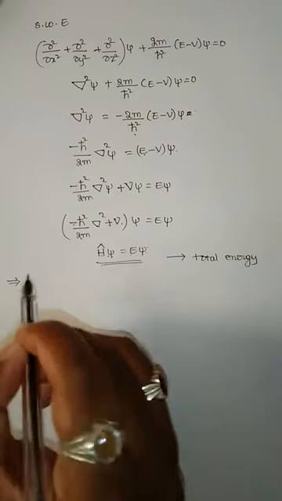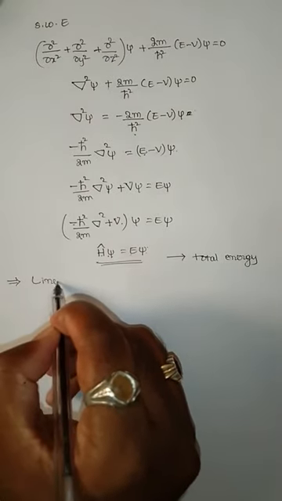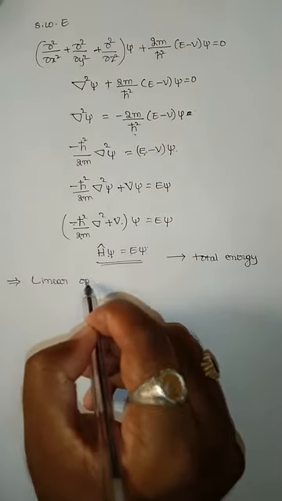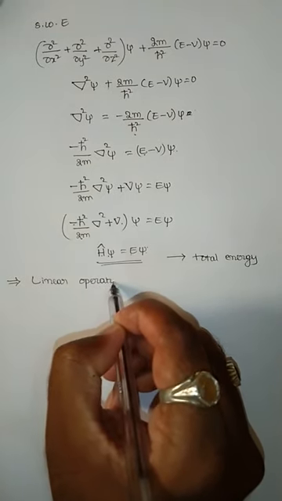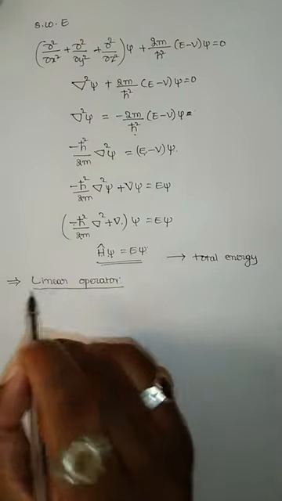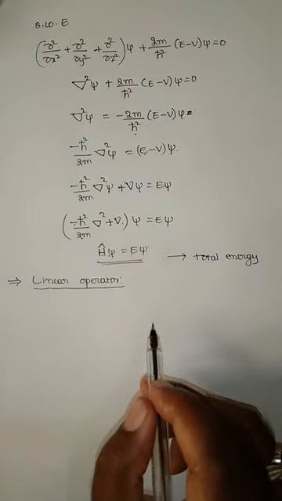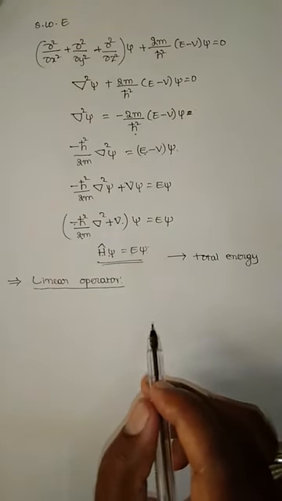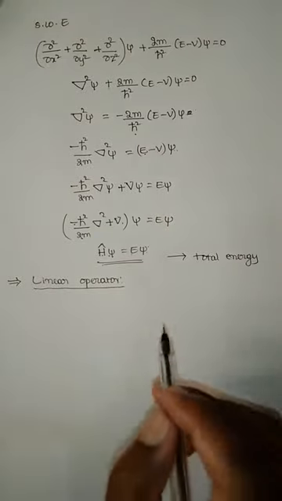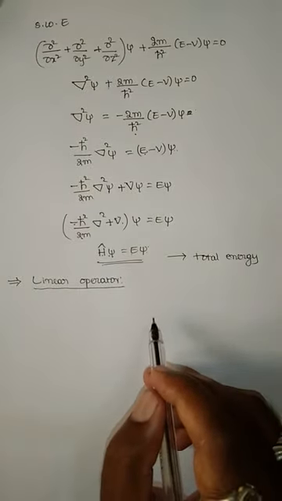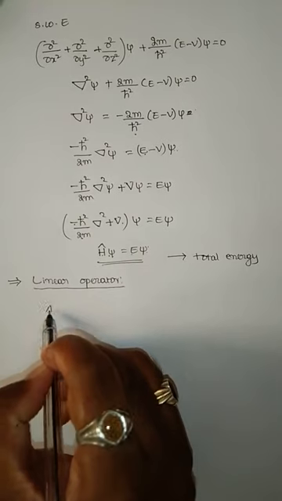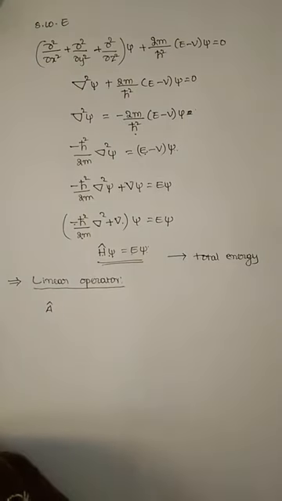And at last, we shall talk about the linear operator. It's a very simple one. If you have an operator and you want to call it a linear operator, it should satisfy one particular condition. Let me say Â is an operator.